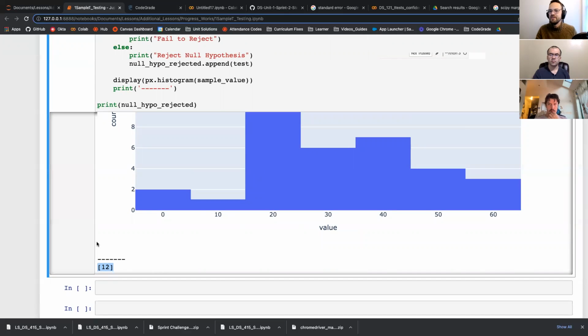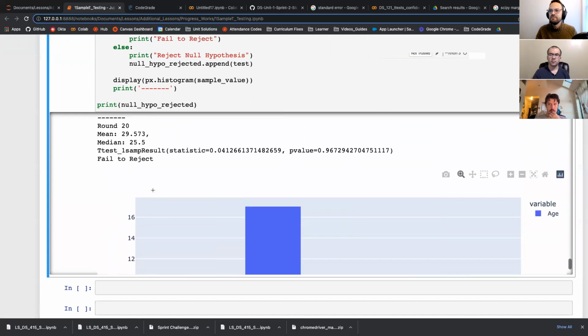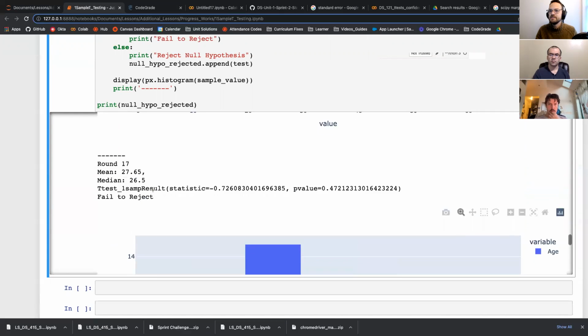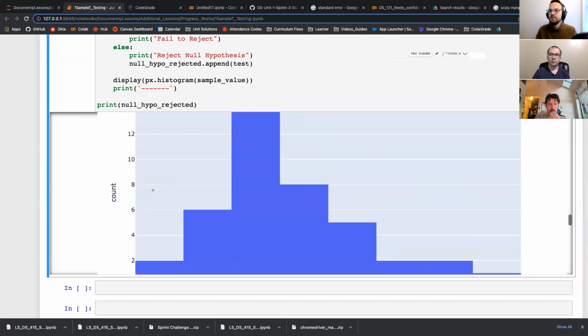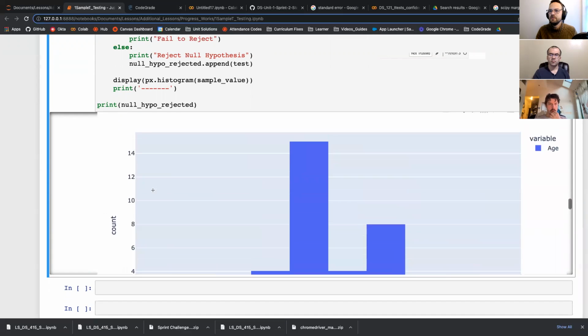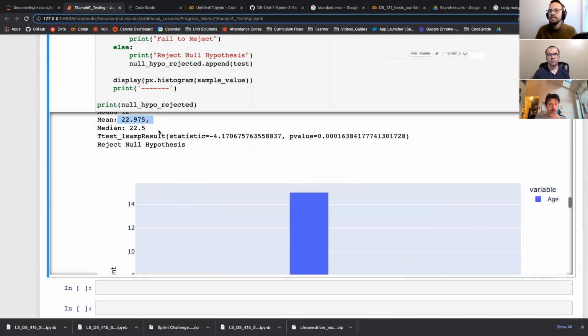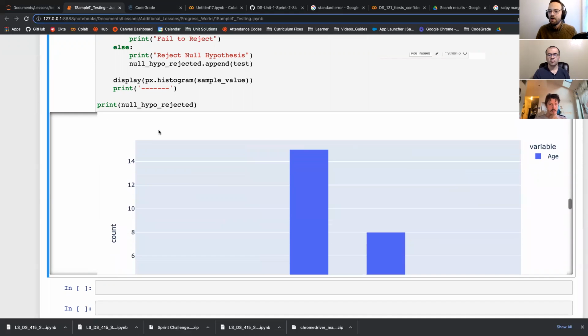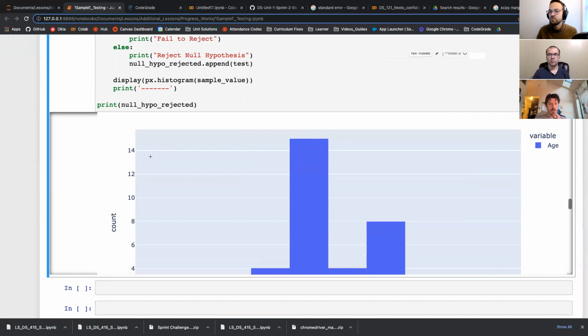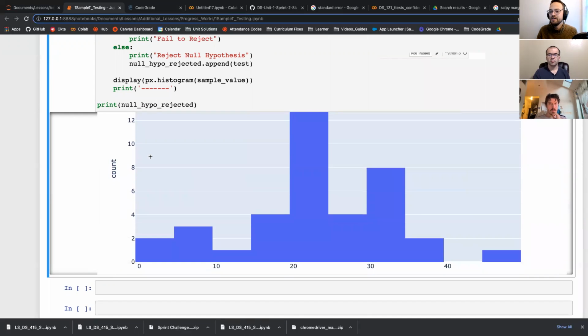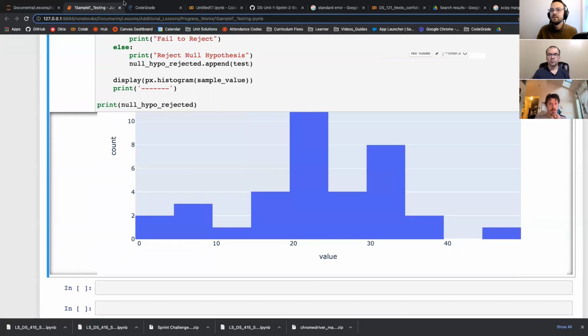But what I'm seeing from this number 12 is that if I look at the image for test number 12, it's telling me that the sample mean, 22.9, is not part of the Titanic age distribution. We know that's incorrect because we took it directly from that population. But out of 20 tests, 1 was incorrect.